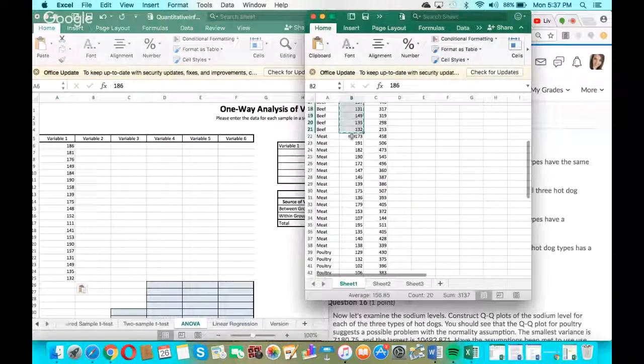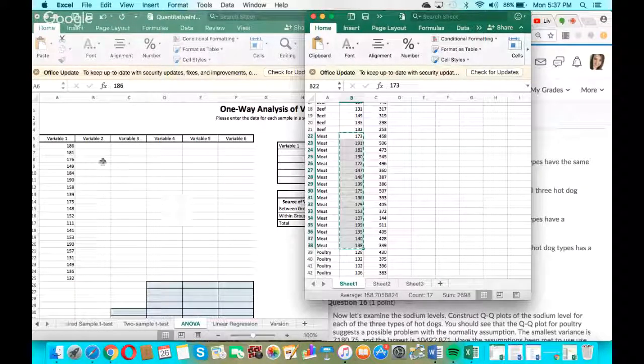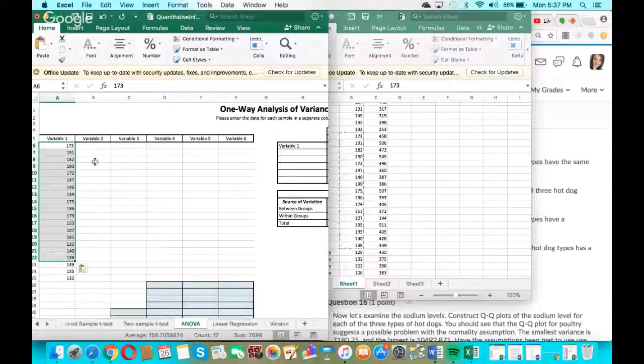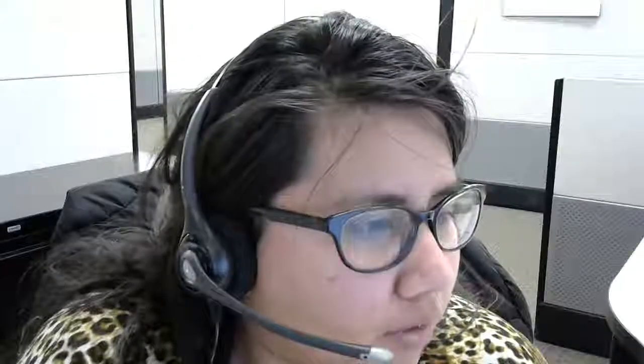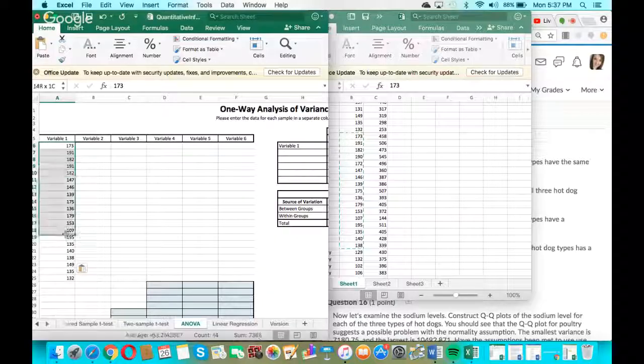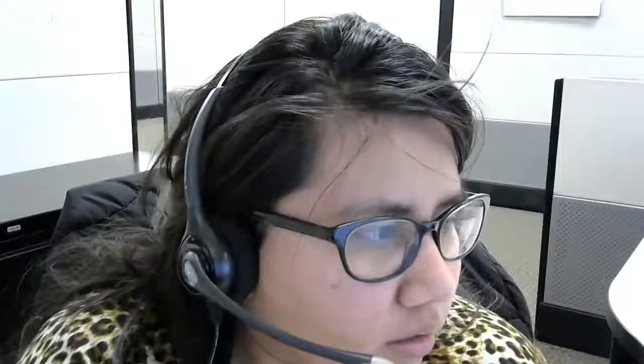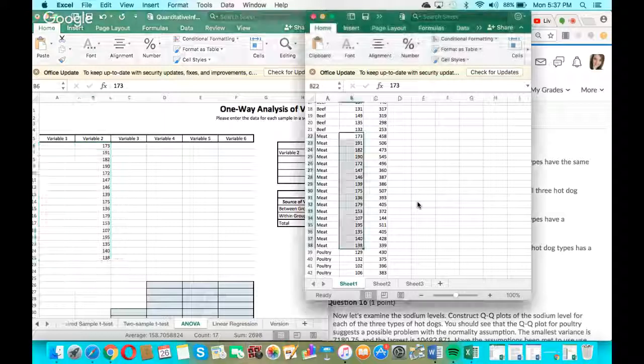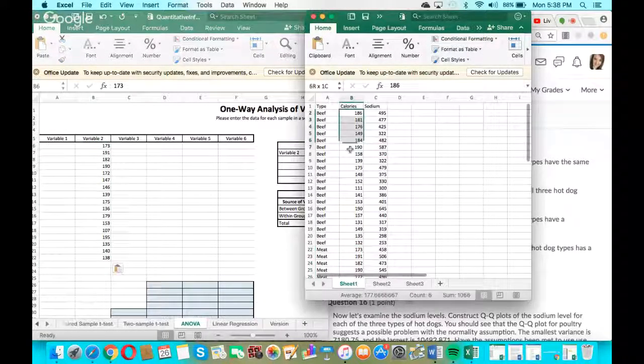Okay. So I think it gives you all the information though. Because it told you the p-value and it told you the level of significance. And so it just wants us to draw the conclusion based on that. I'm just gonna put this in anyways, just in case we need it.